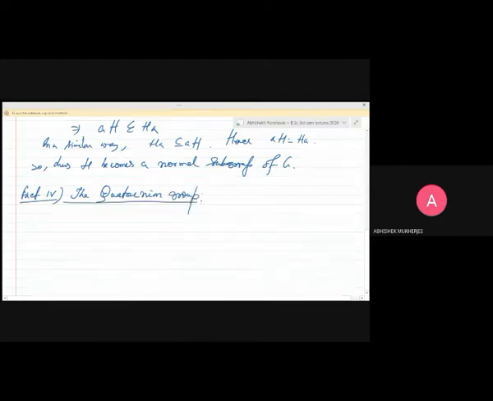Quaternion group. So how can it be constructed? You can construct this group in this way.